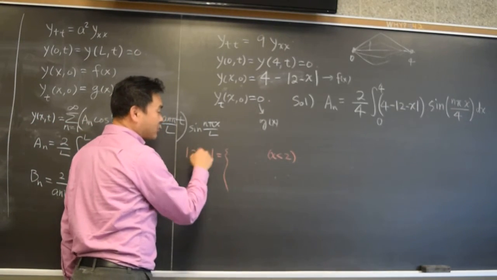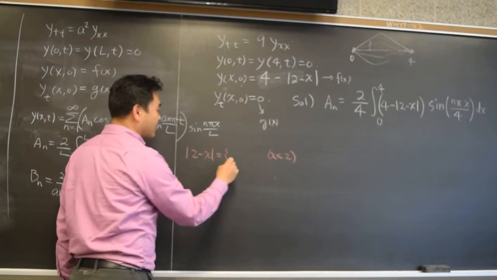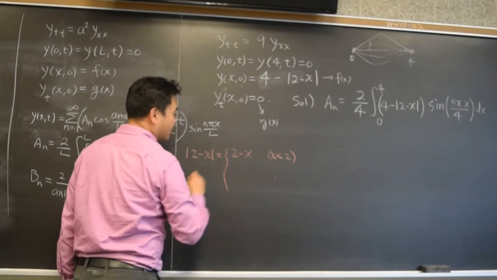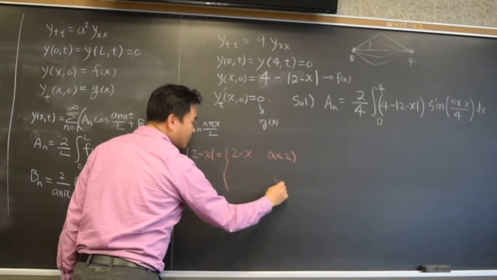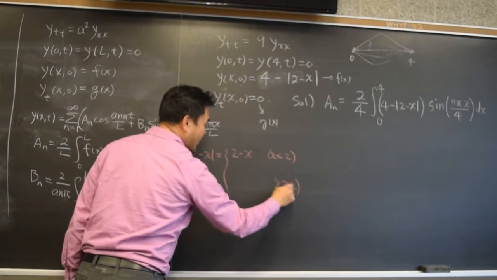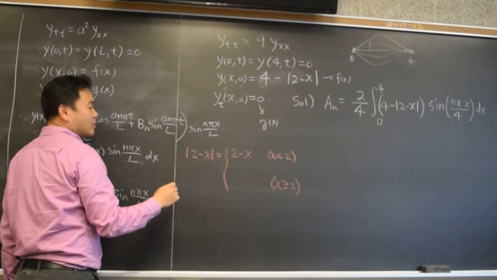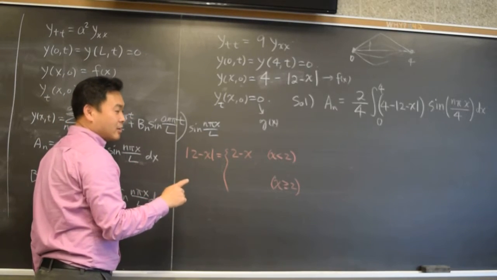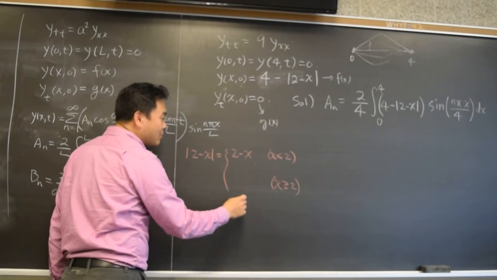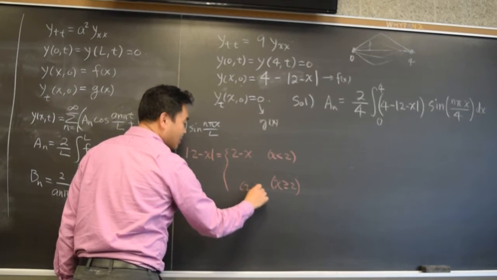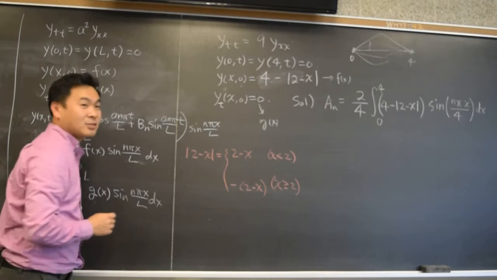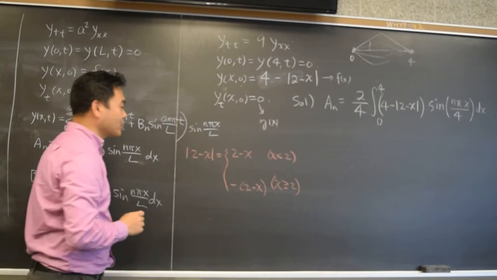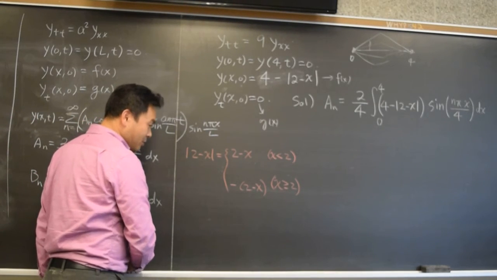So what does the absolute value do? Nothing. If x is bigger than 2, what happens? This will be negative, therefore it makes it positive. How do you make a negative value positive? You put a negative in front. Okay, that will make it positive. So that's what 2 minus x is.